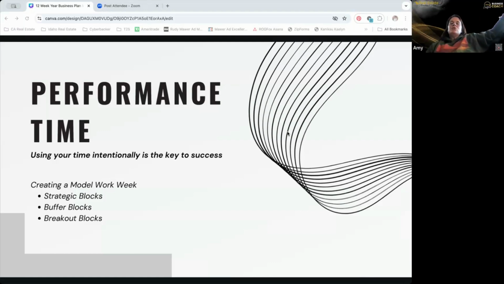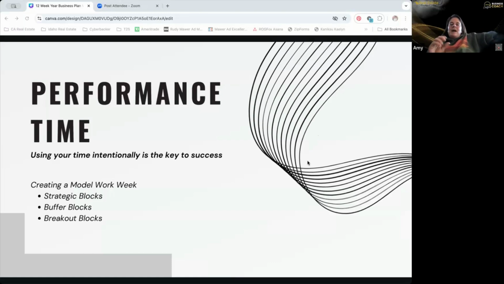You may leave at noon one day to go play golf or go horseback riding for me, right? You may take like 3 mini walks per day that you use for this breakout block. You're going to do something that helps you manage stress and maintain balance. Something that focuses on you during that breakout block. So again, that's 3 hours, and it can be broken into smaller increments.